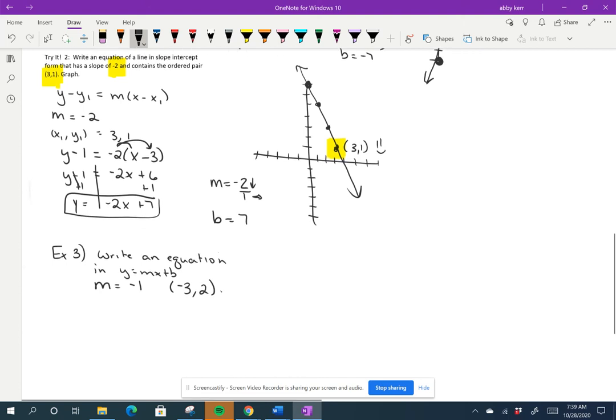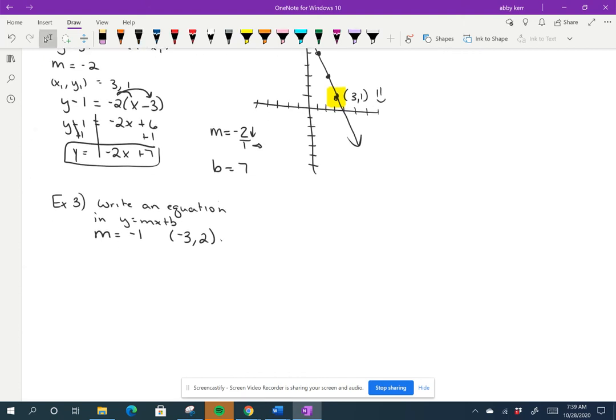Okay? You have to be careful when you plug in the information. What I mean by that is that if there's a negative involved, you want to make sure that you're using parentheses when you substitute in.